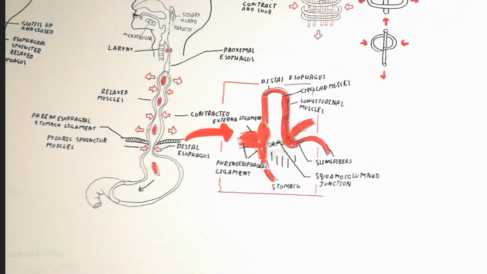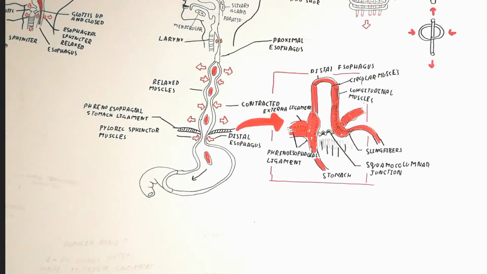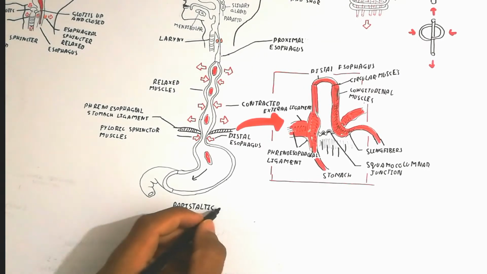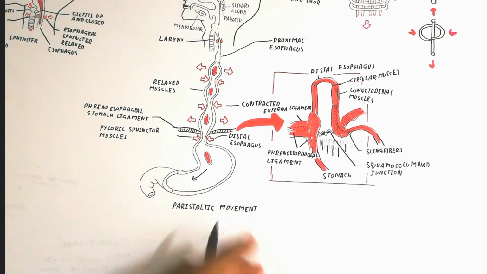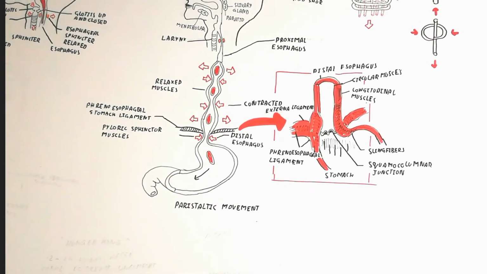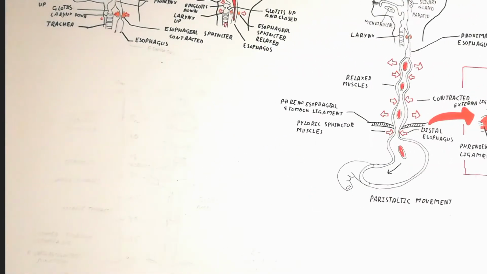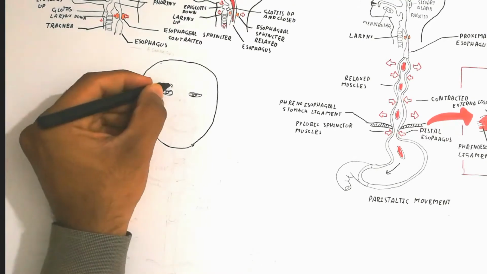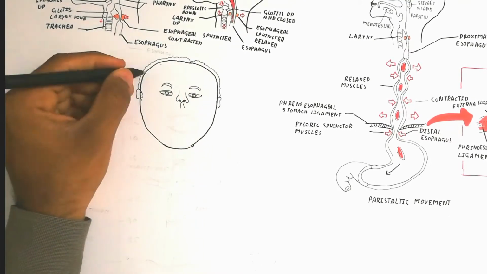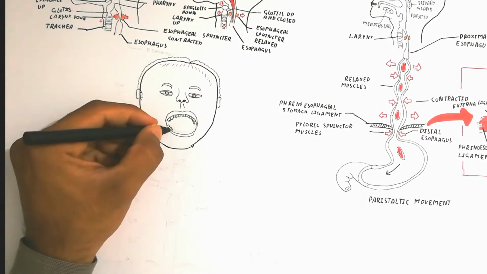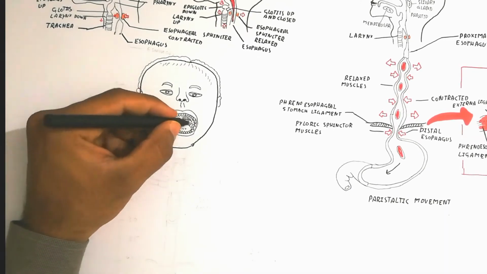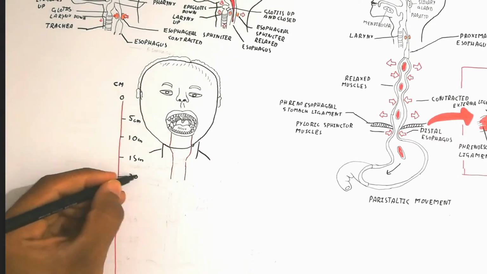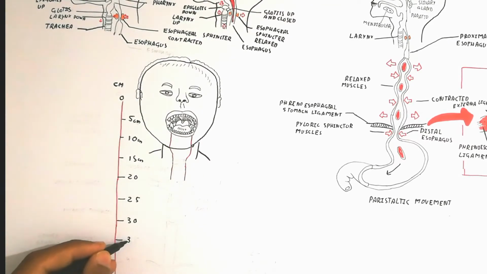That is the basic concept of peristaltic movement, which goes into the stomach. Remember one thing I want to mention: the digestive tract is composed of circular and longitudinal muscle, and peristaltic movement will be produced all the way to the end, after the food is expelled through the anus.